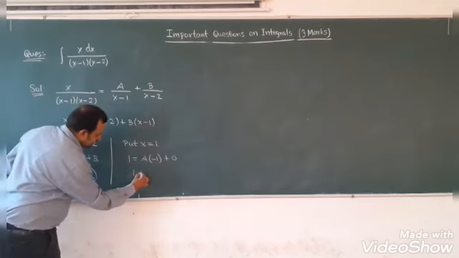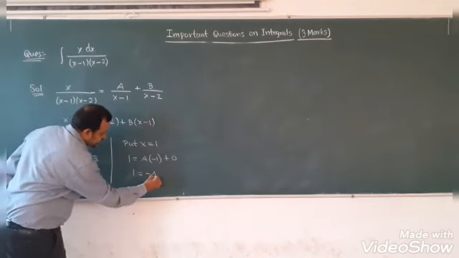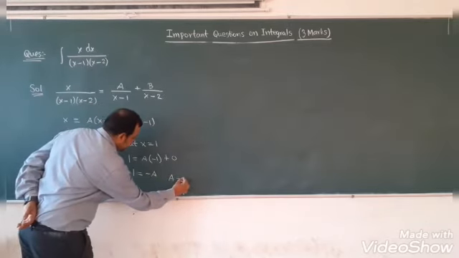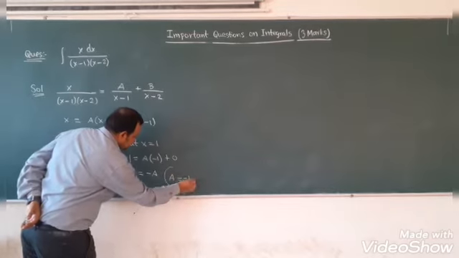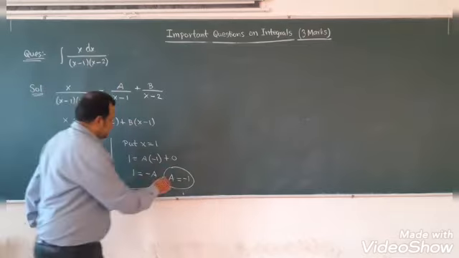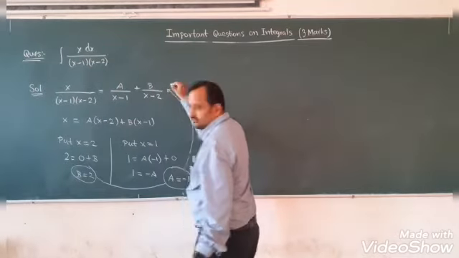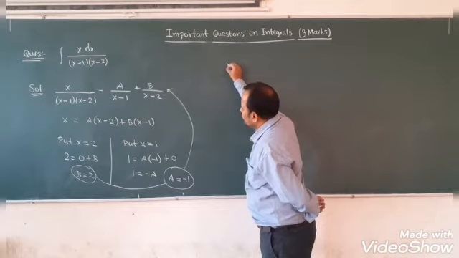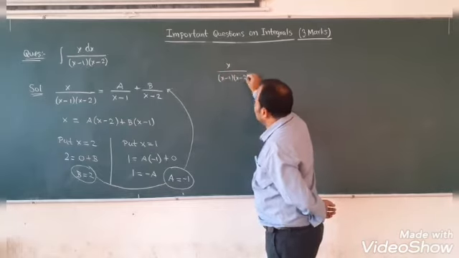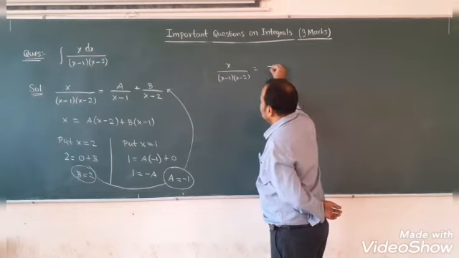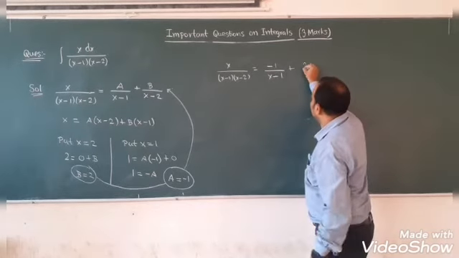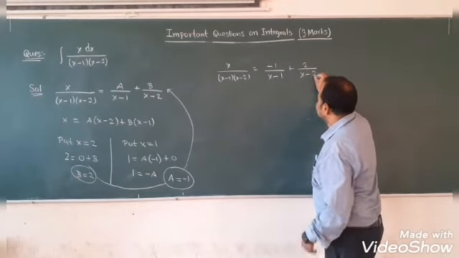So here I can say 1 is equal to minus a, or a is equal to minus 1. So the values of a and b keep here. You will get x by (x minus 1)(x minus 2) equal to a, a is minus 1 by x minus 1, b, b is 2 by x minus 2.